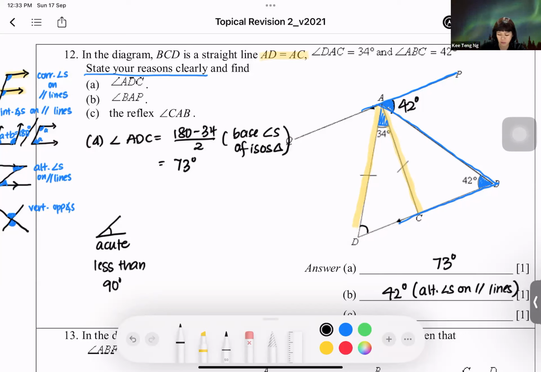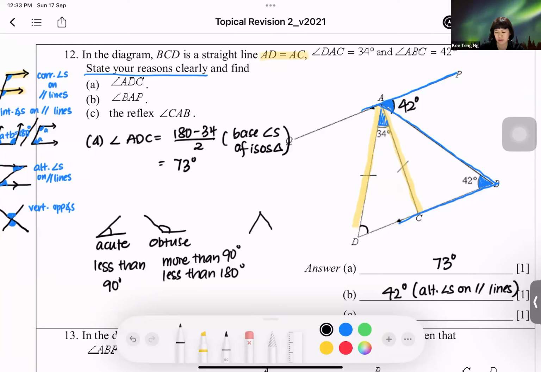Then I have another one. This is called the obtuse angle. This one is more than 90, but less than 180. Then last but not least, we have the reflex angle. It's this way, right?